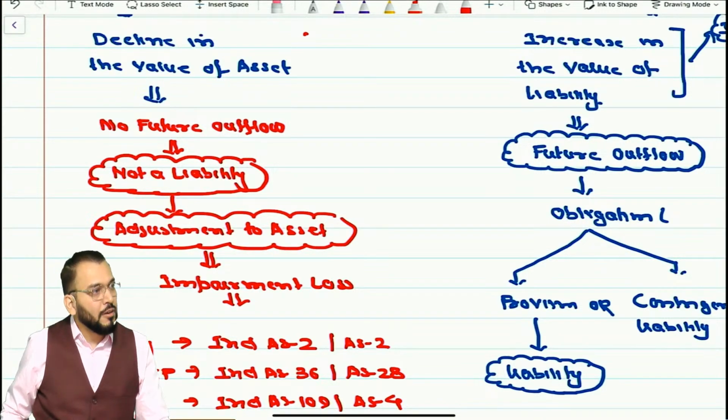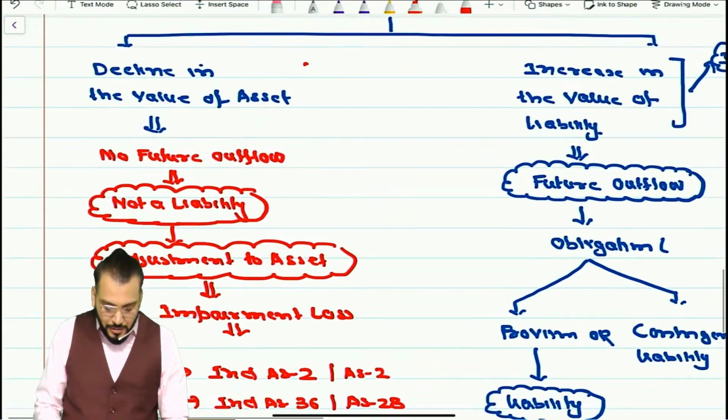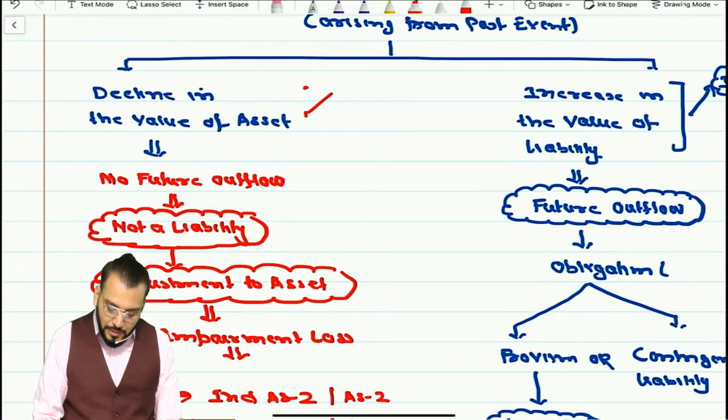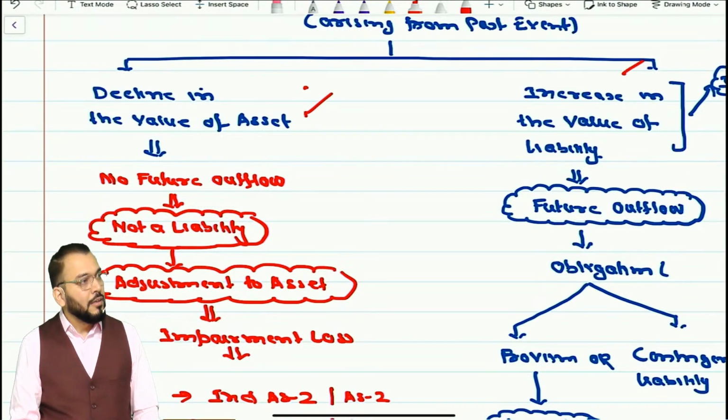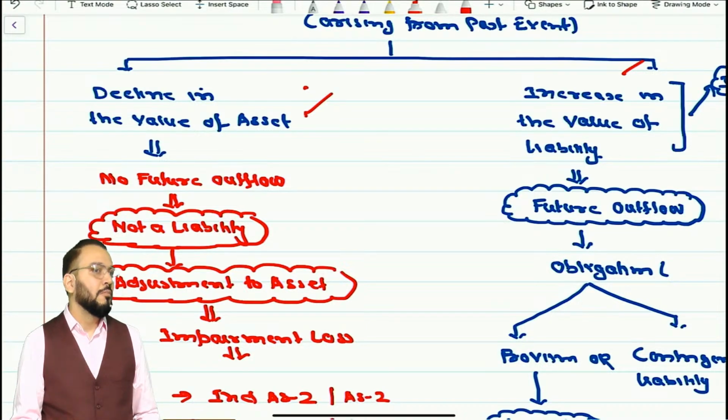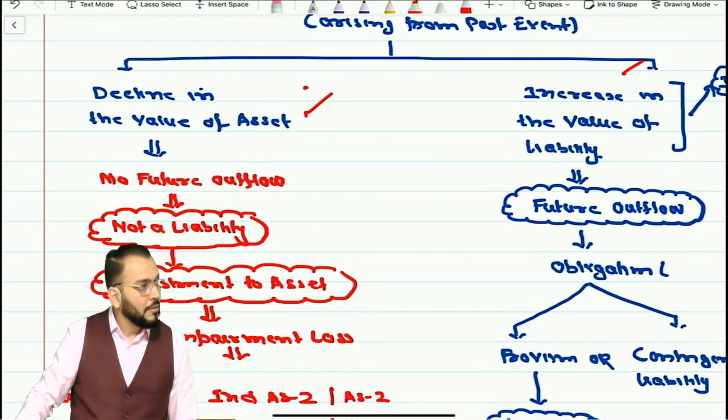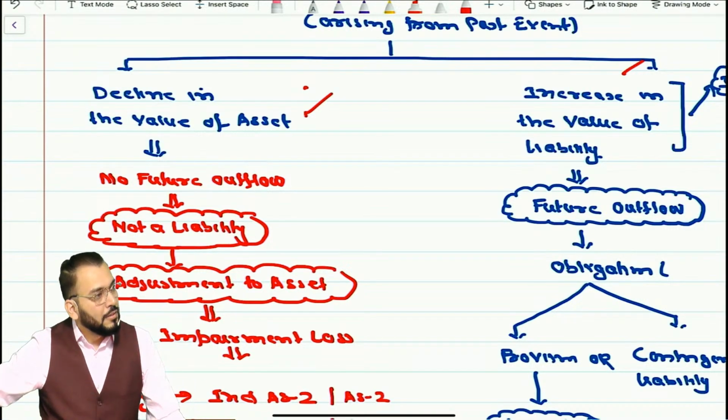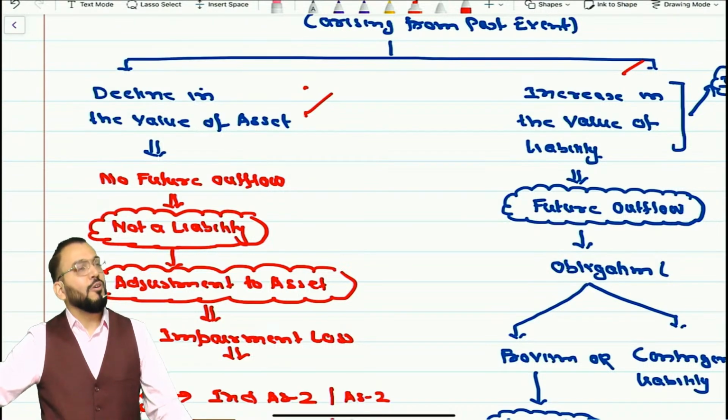Value of the asset will come down. So how is it a future outflow? You are saying the value of the asset will come down, then you are coming to the second part. My asset I am using right now, how is it a future outflow?